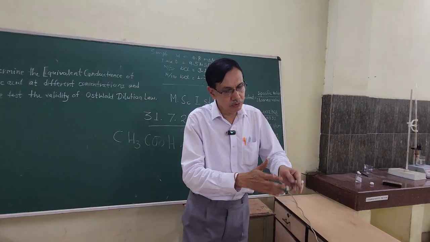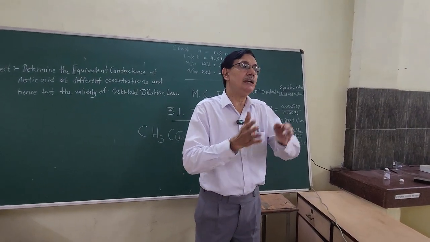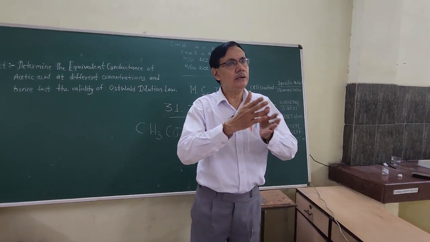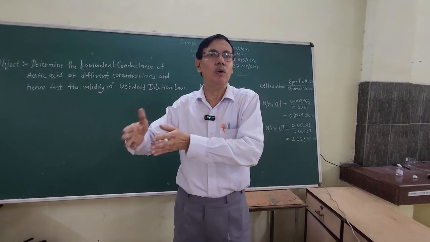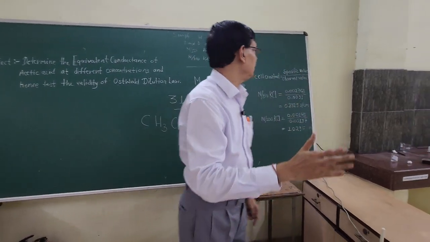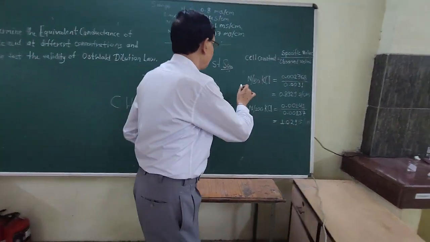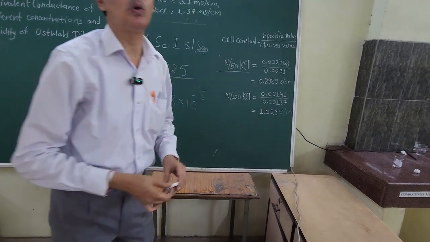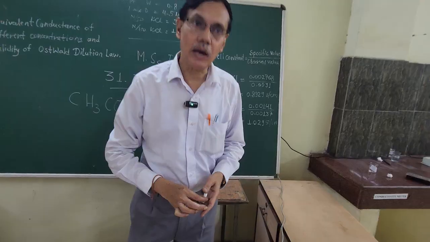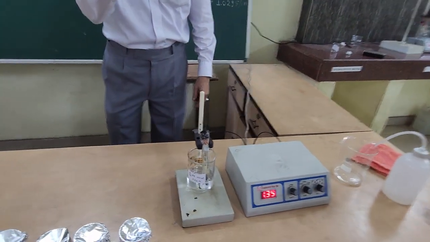And the second part, you have already prepared different acetic acid solutions, maybe 1 molar, 0.1 molar, 0.01, 0.001, 0.005, like that. Now to determine the cell constant, they have prepared two solutions. One is N/50 potassium chloride and the second is N/100 potassium chloride, and determine the observed conductance.